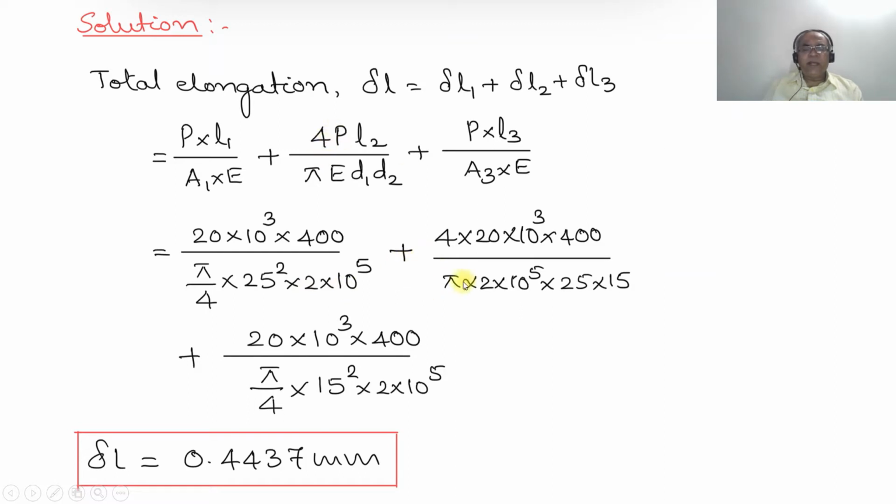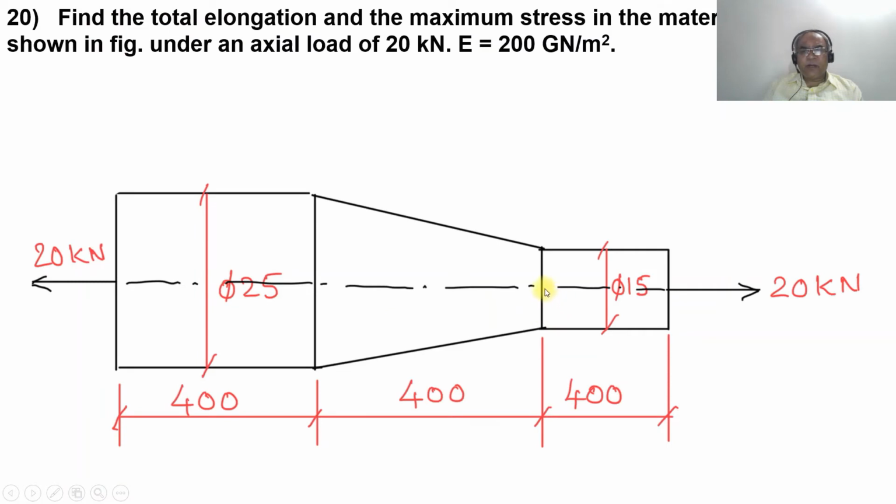Plus 4 into P again, which is 20 into 10 to the power of 3, into L2 which is 400, divided by pi into E, which is 2 into 10 to the power of 5, into D1 and D2, the diameters at the bigger end and the smaller end. The diameter at the bigger end is 25 and the diameter at the smaller end is 15.